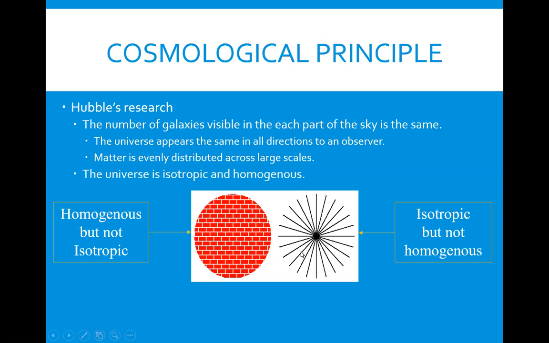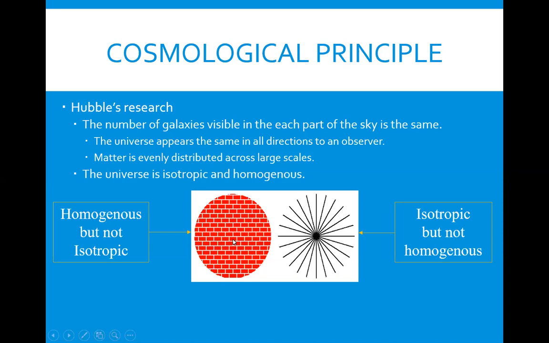Homogeneous means that it's the same at all locations. So for example, if I look at this point right here, there is a black line at this location. So there's ink at this spot right here. But if I move a little bit up, there is no ink at this location. And because there's no ink at this location, that means that we are not homogeneous.